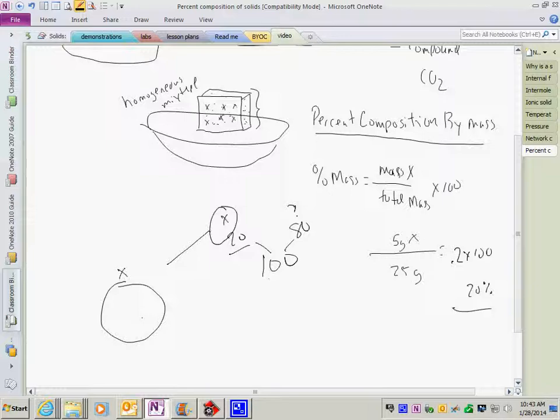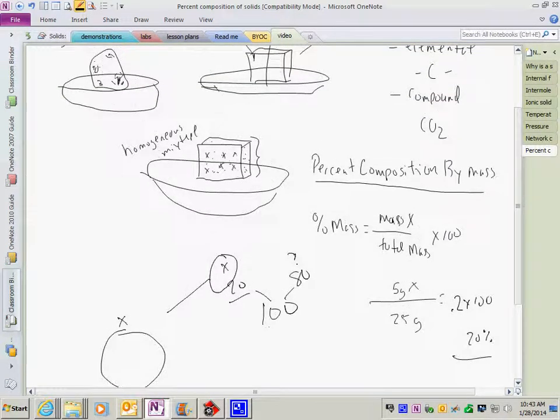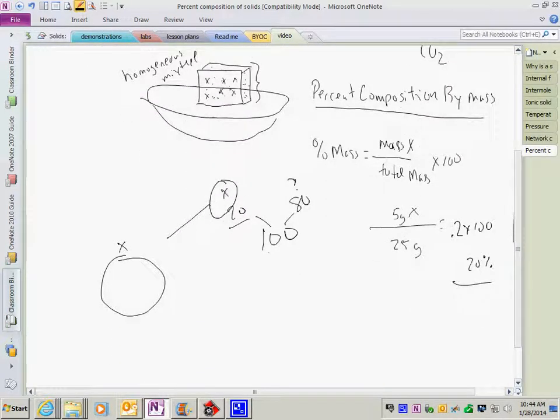What are the components of X? That is not the objective of percent by mass, at least in this sense. This is a macroscopic, big view. I have a large chunk of stuff, and how much of it is due to X versus the other solids around it? If I dive deeper, I can take a microscope down, look at X, and ask what is actually inside of the X substance. That's a little bit different. That's more of a molecular view.